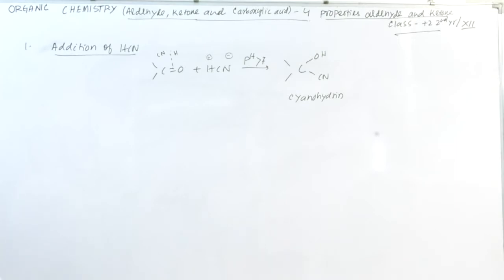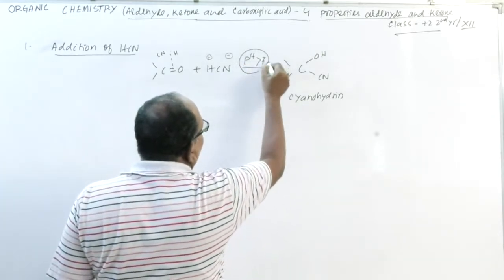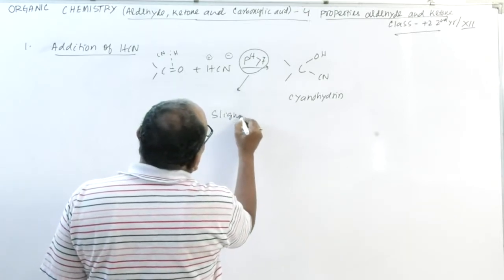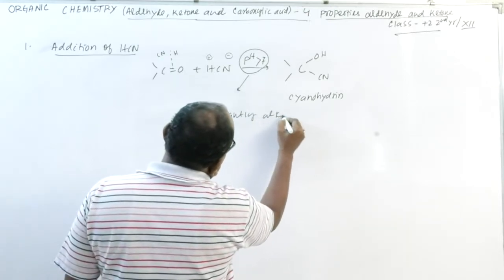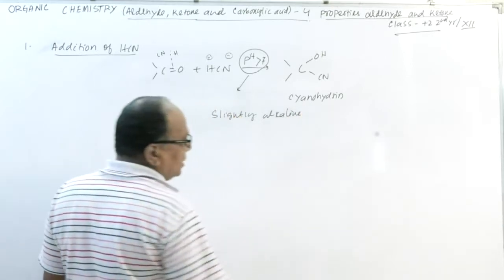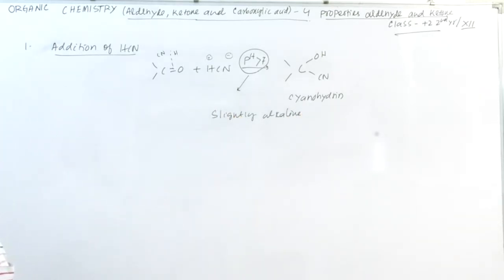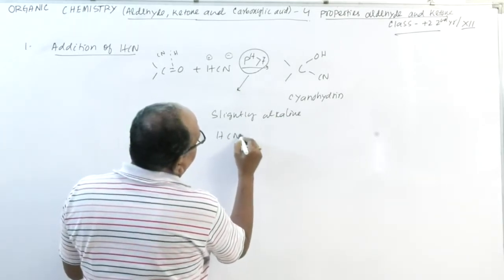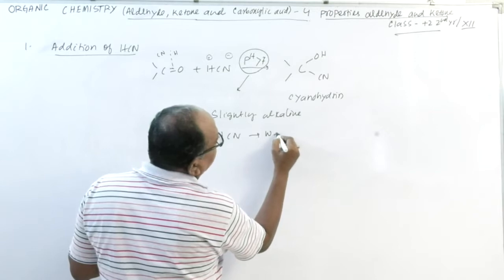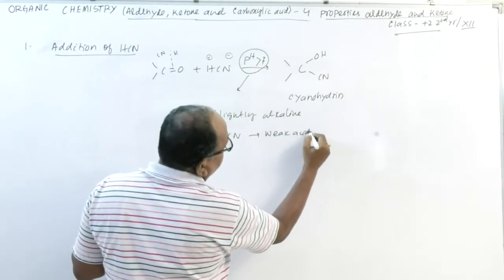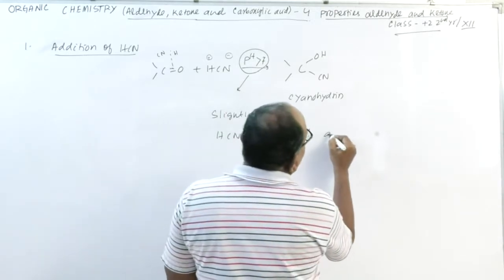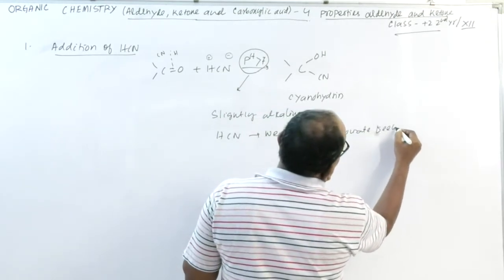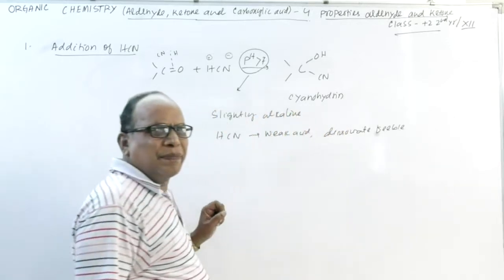So, during the reaction, we maintain a pH of more than 7, meaning slightly alkaline in nature. Why do we take it slightly alkaline? Because HCN is a weak acid. It dissociates feebly, meaning very little.